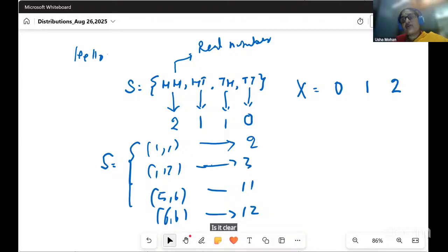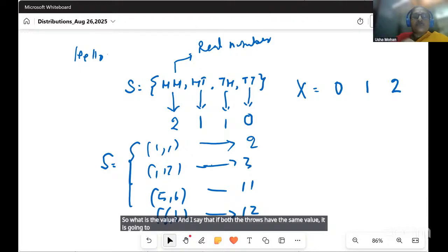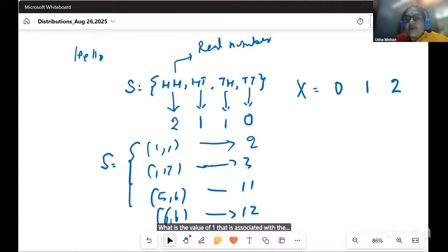On the other hand, on the same sample space, if I define a random variable, say y, to be the lesser of the two values. And I say that if both the throws have the same value, it is going to be that value itself. So what is the value that is associated with 1 and 1? It would be 1 itself.